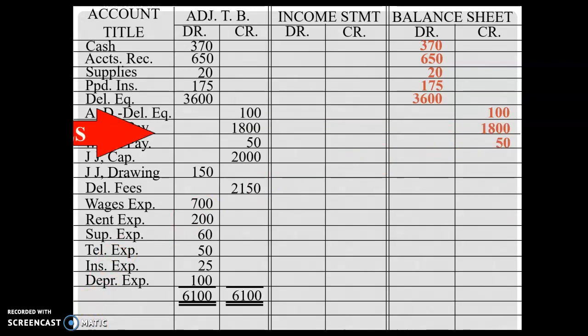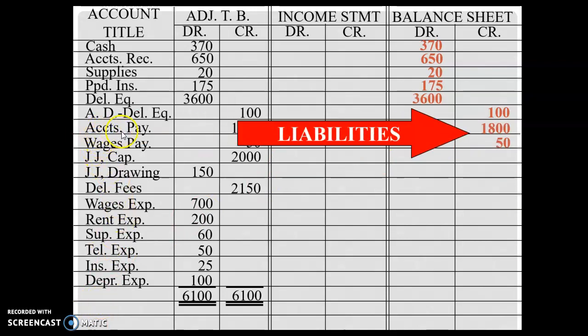Then our next two accounts are liabilities, accounts payable and wages payable. Remember, when we see the payable word, that means we're going to have to pay it in the future. Right now, today, we owe it out to others, so those are liability accounts. They both have a credit balance, and we're just copying those credits over to the balance sheet columns.